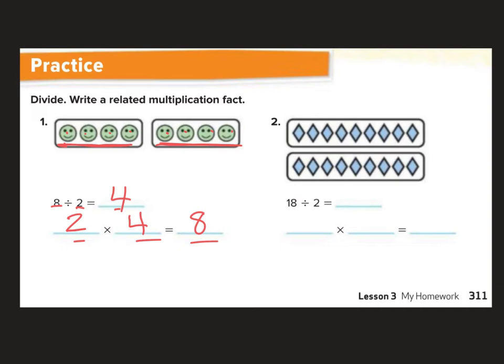Okay, here I have 18 diamonds or rhombuses or rhombi. And I'm dividing them into 2 equal groups. How many are in each group? Let's see. 1, 2, 3, 4, 5, 6, 7, 8, 9. Let's double check. They're 2 equal ones.